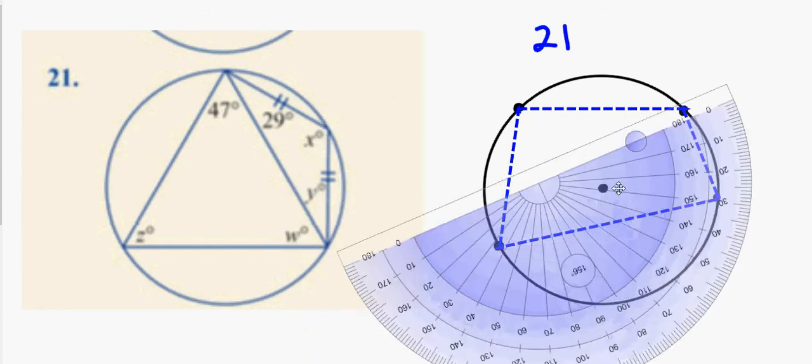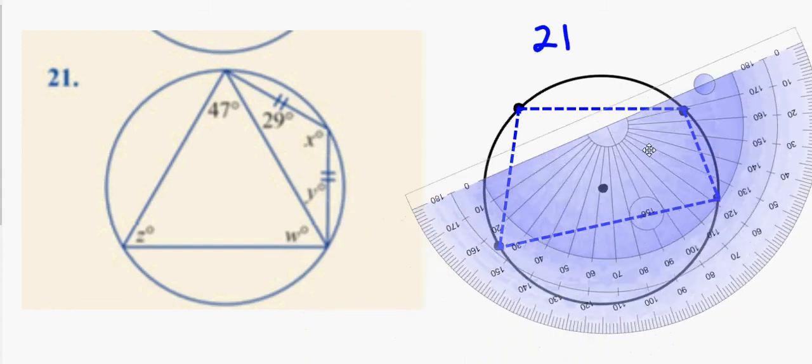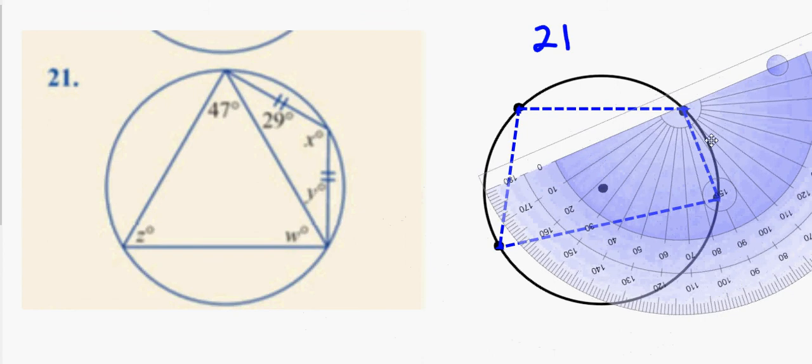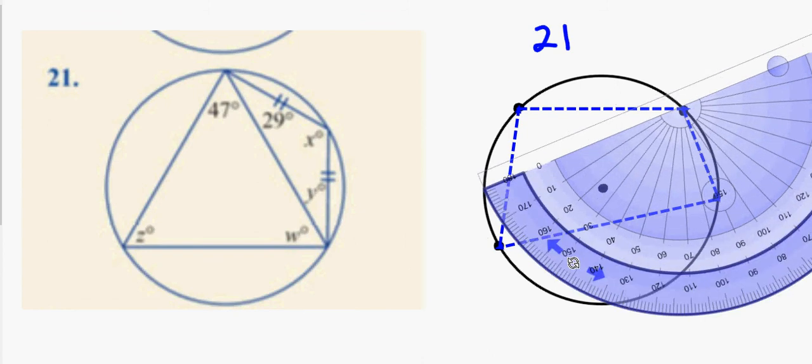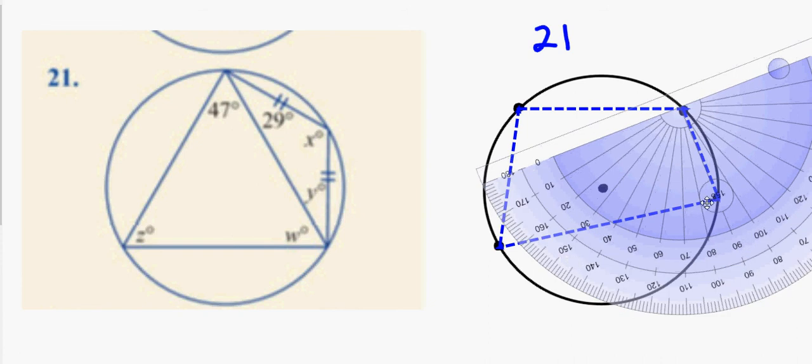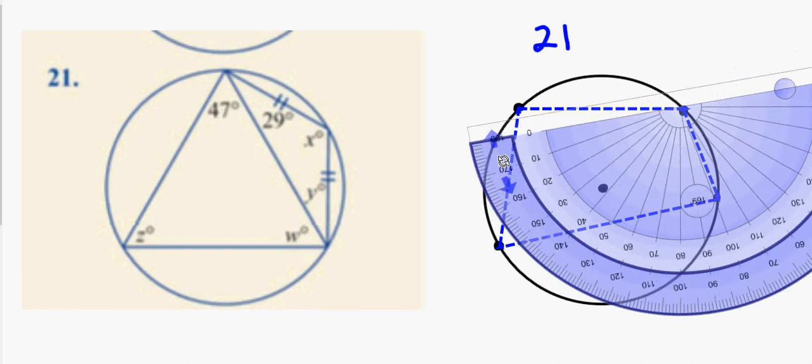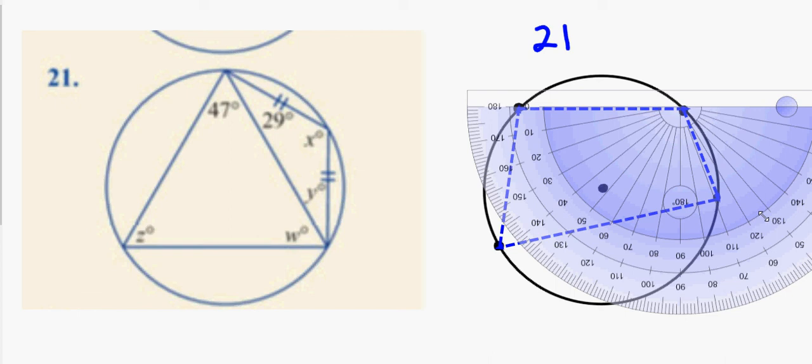And what do you reckon for this one then? I have it lined up nearly at 90. What do you reckon? Actually no, I can't. I have to go higher here. So I have to line it up like this. 111 degrees.